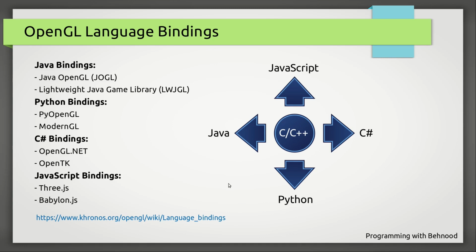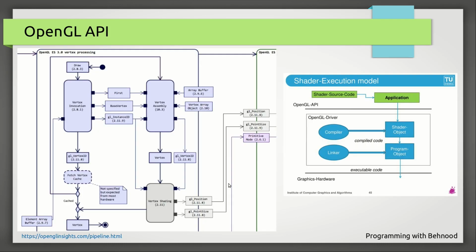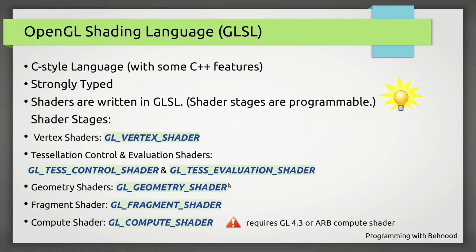Okay, so we know how OpenGL works, but how can we use OpenGL? We can use OpenGL with the OpenGL API. To use the OpenGL API, however, we need to know everything about the OpenGL Shading Language, or GLSL. GLSL is a C-style language with some C++ features.